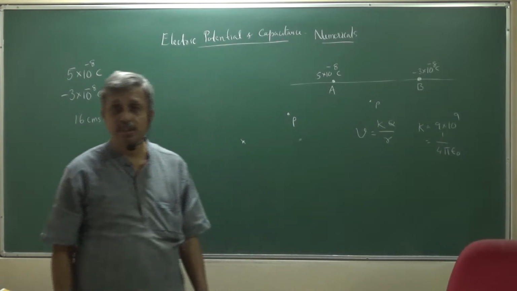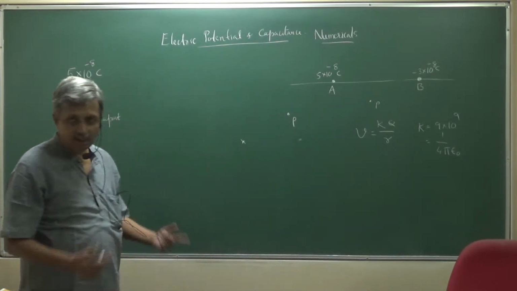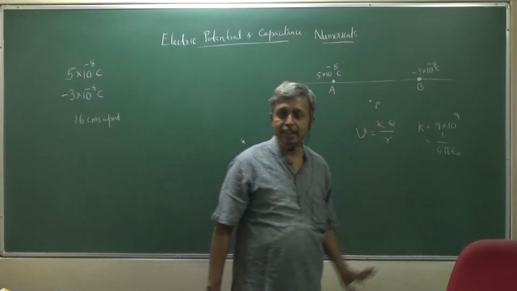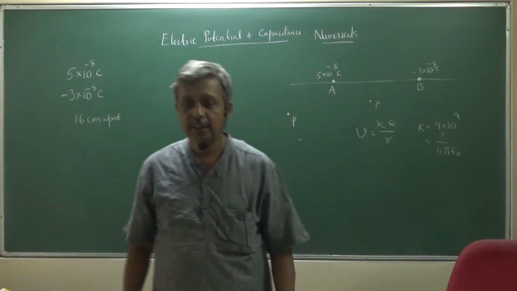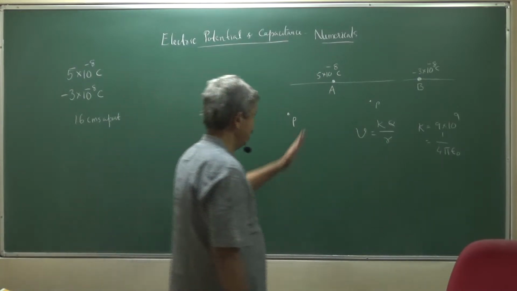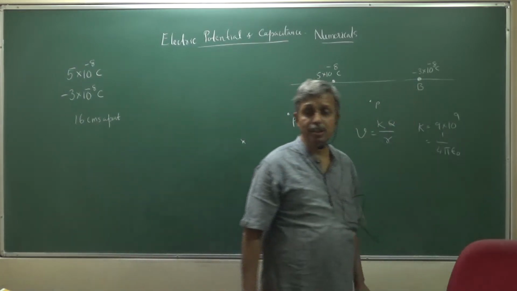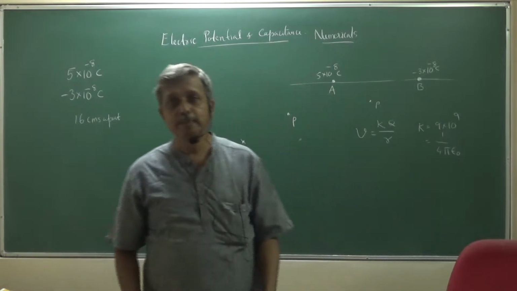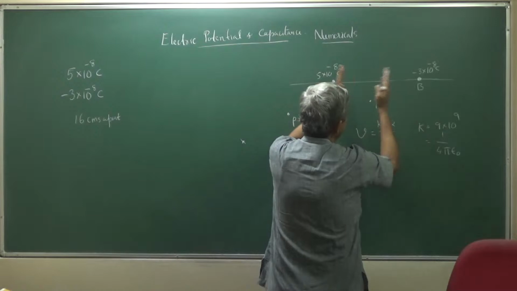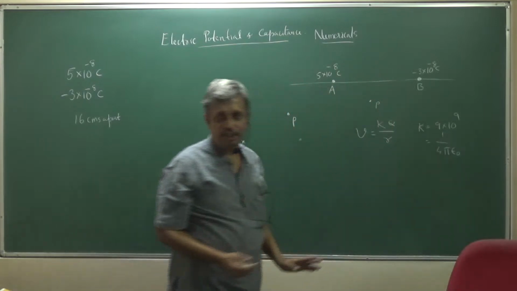Now in this question, they are not asking such a direct question of calculating what is the potential at a certain point. They are asking a slightly different question. There are two charges, and these two charges create potential individually, independently in this area, and everywhere we can add and get the potential.